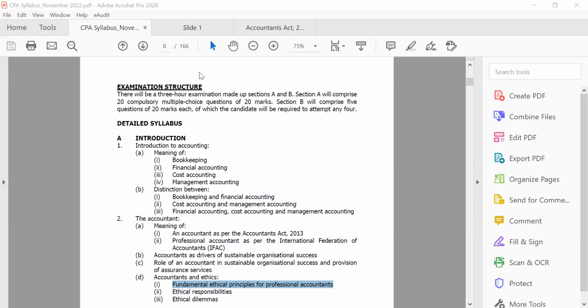So it's very important that we understand that. All right. So understanding the role of accountant in organizational success and so on is very, very critical.